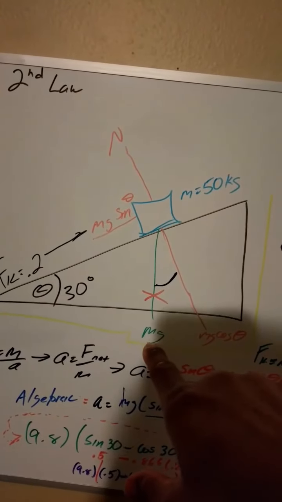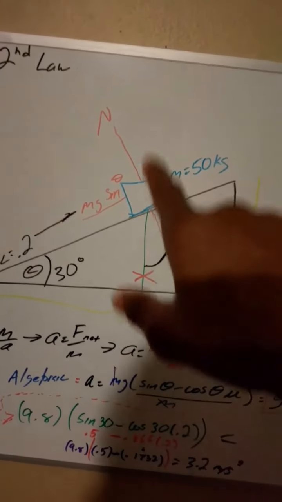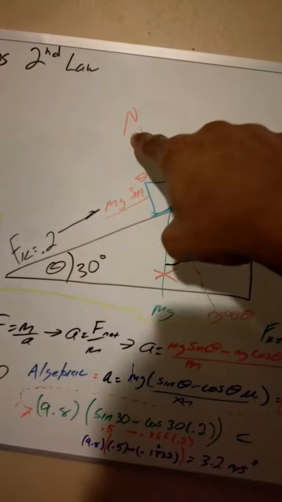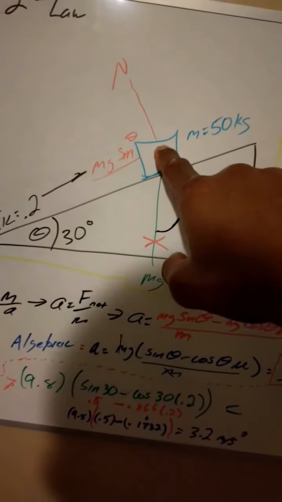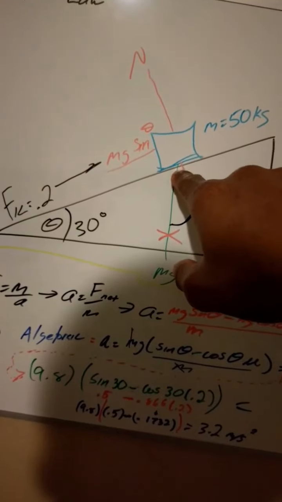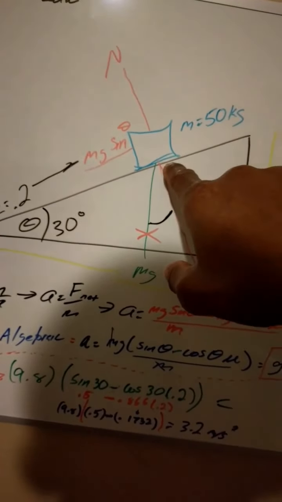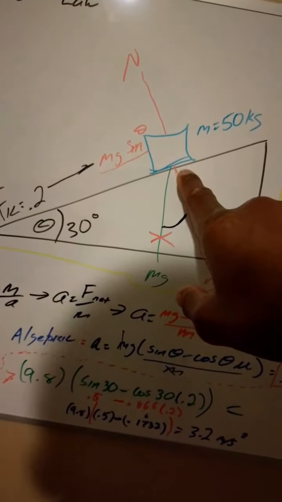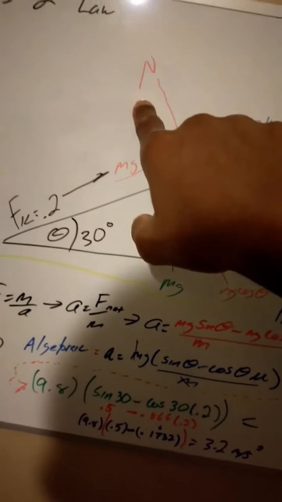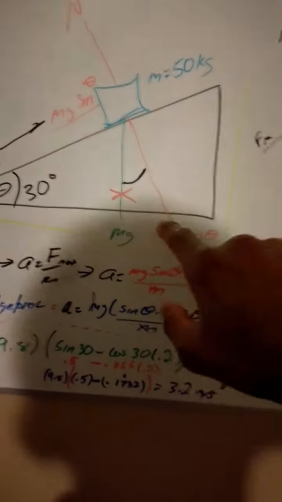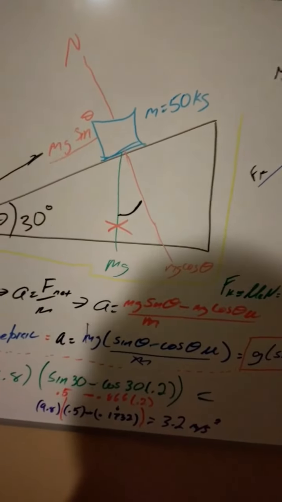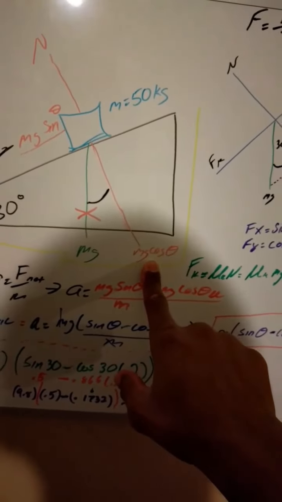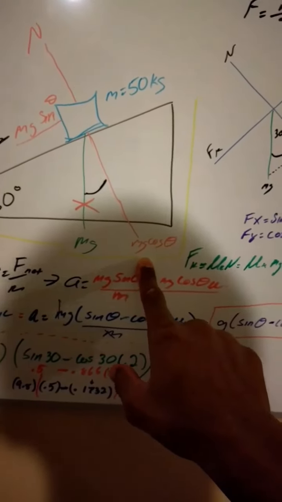Since this mass times gravity here is no longer needed, our normal force is, well, the box on the plane is pretty much weight against the surface. So we must have an equal force pushing back against it, which is the normal force. And the normal force is going to be equal to this, mg cosine theta.